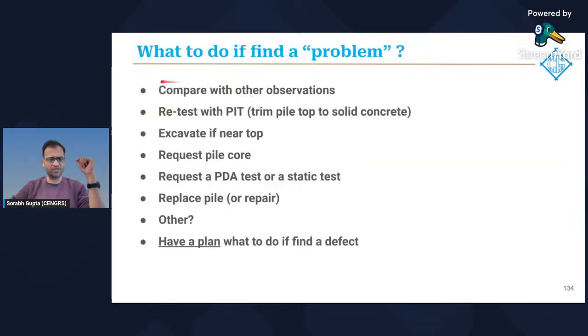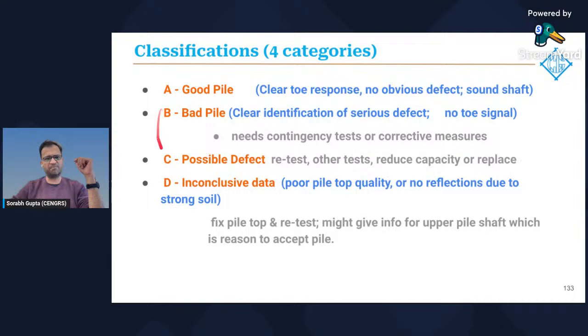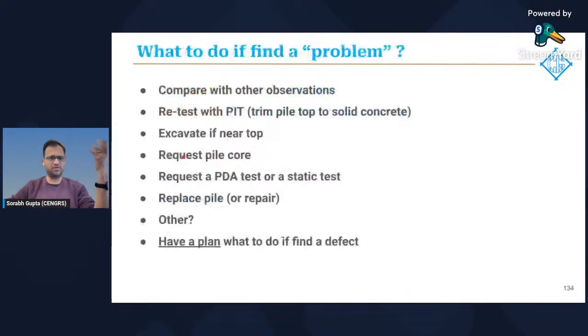So the question is, what happens if you end up with a type B or a type C file? What should you do? The scientific approach would be to first compare the data with other observations. If the site is still accessible, go back and retest the PIT, possibly improving the pile head preparation before the retest.